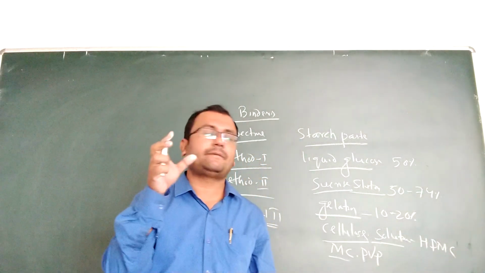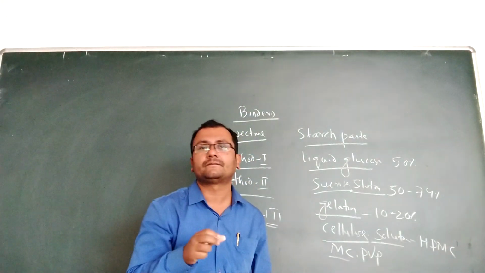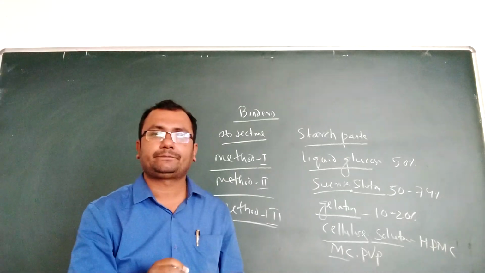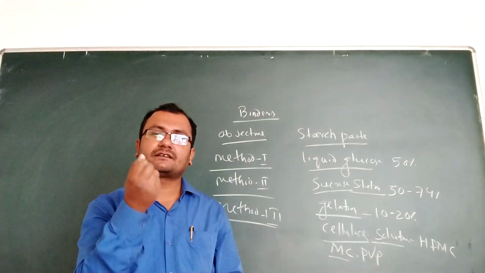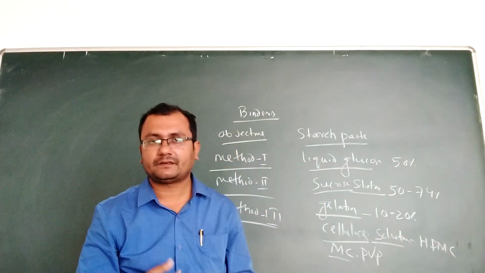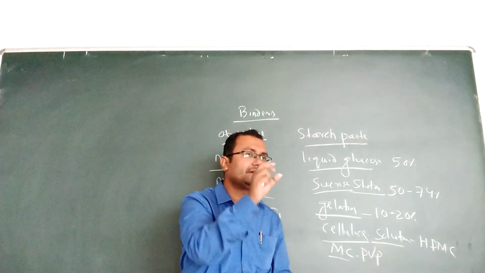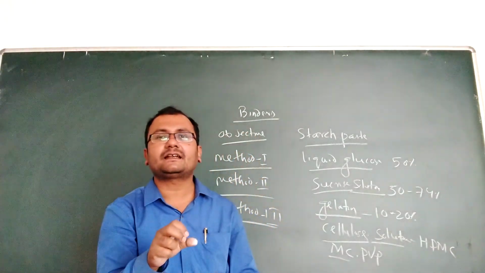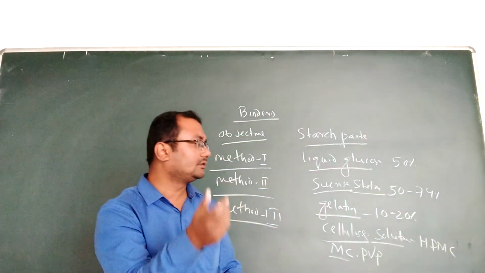But while preparing these solutions, we need to consider the solubility. Because we need to prepare a solution, we should use a solvent in which the polymer mixes and solubilizes properly. For example, HPMC has both water solubility and alcohol solubility, so we can use it in both.